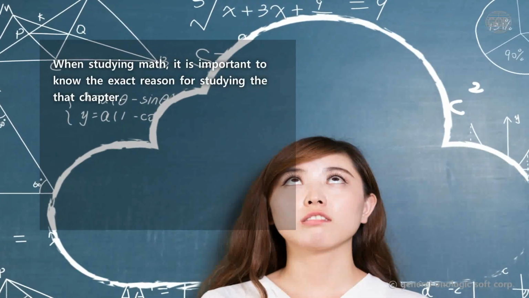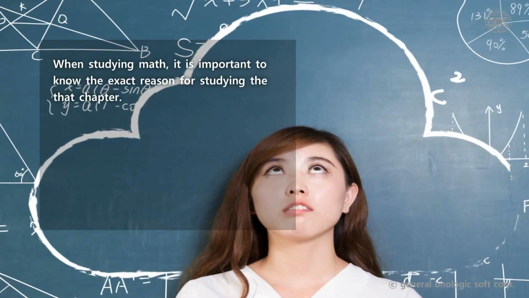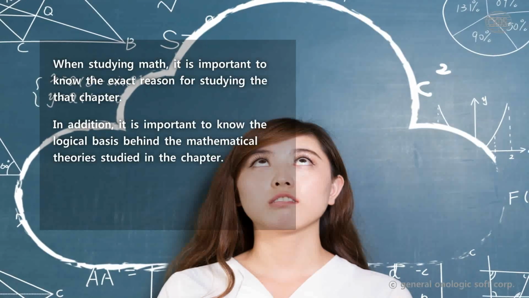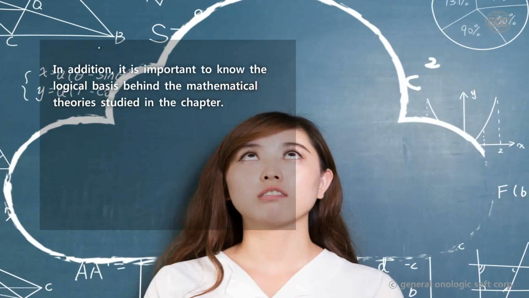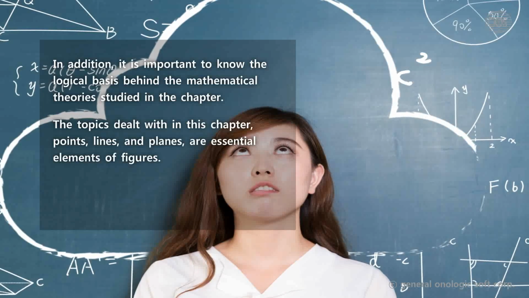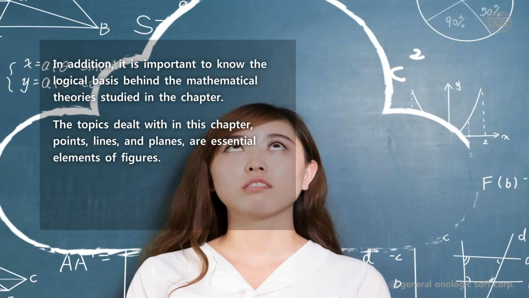When studying math, it is important to know the exact reason for studying that chapter. In addition, it is important to know the logical basis behind the mathematical theories studied in the chapter. The topics dealt with in this chapter, points, lines, and planes, are essential elements of figures.